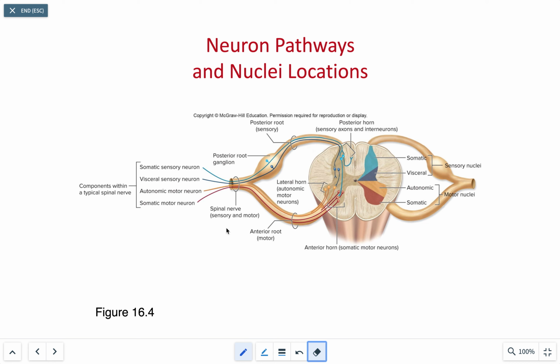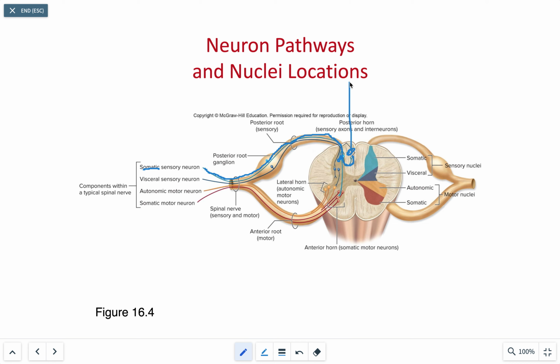If we just look at a general pathway, let's just use the somatic. Say your body senses the beginnings of stretch in the stretch receptors inside of the muscle tissue. It's going to have its own pathway, traveling along eventually into the somatic zone of the gray matter. These sensory neurons are also connected to the white matter, or the tract.